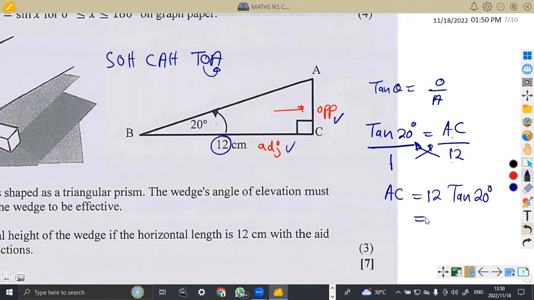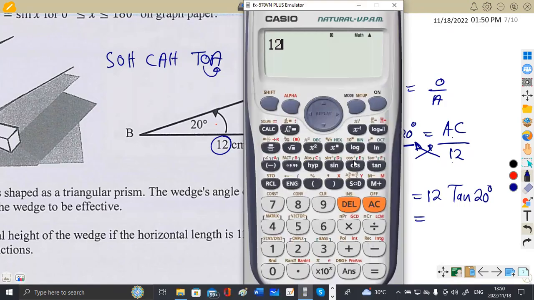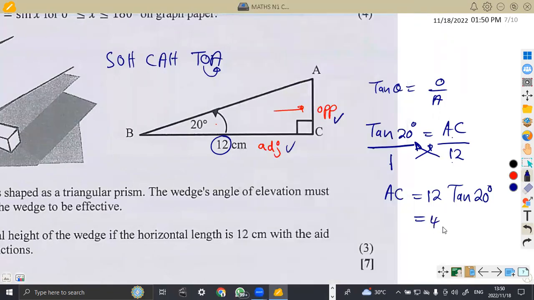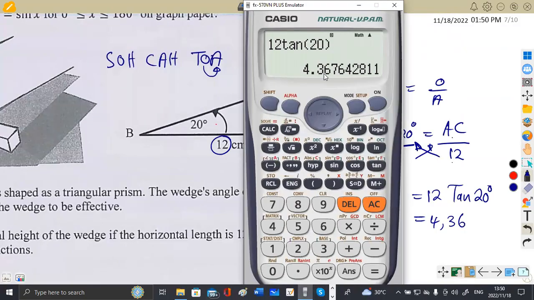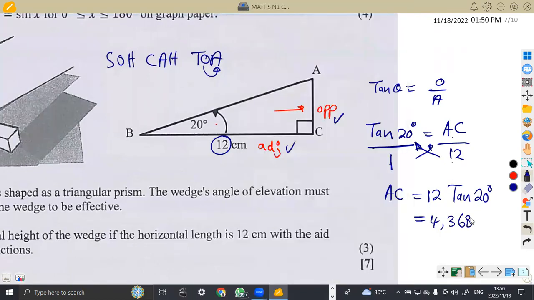Okay, so 12 tan 20, from our calculator, we are going to obtain 4.3676, something like that, which rounds to 4.37.